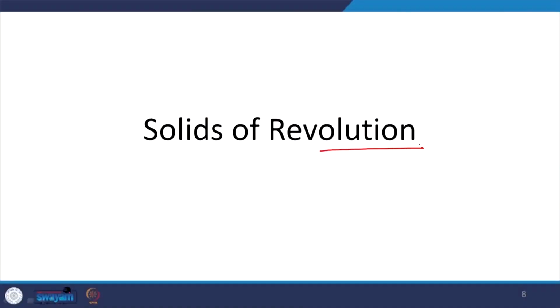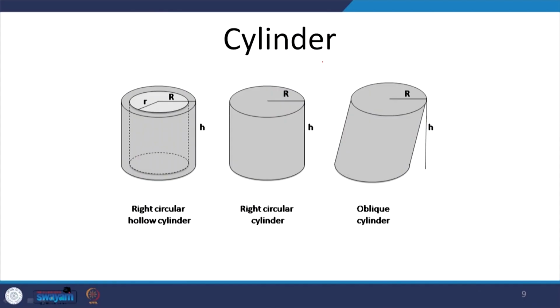The next types of solids are called the solids of revolution. As the name suggests, these solids are derived by revolving a particular shape, any given shape, along an axis, and hence the solid is produced. The first one that we know of, which is the simplest, is a cylinder. What is a cylinder? A cylinder is a solid of revolution which is formed by rotating a rectangle.